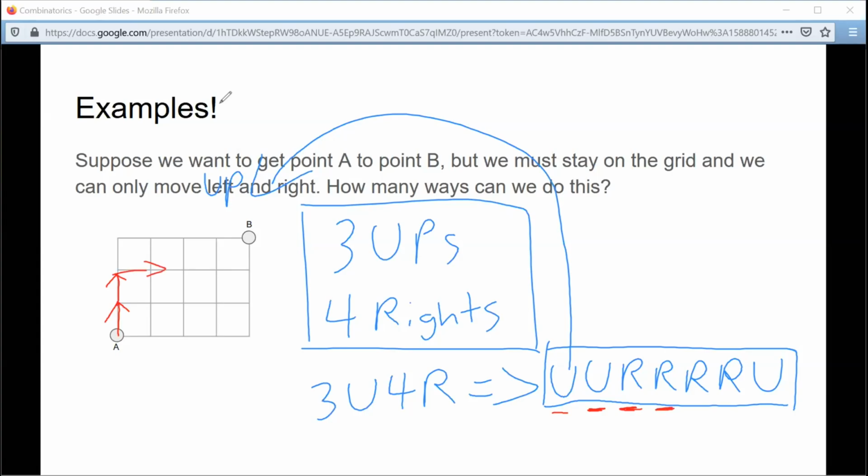Our fourth letter is R, so we go another right. Our fifth letter is R again, we go another right. Our sixth letter is R again, so we go another right. And our seventh letter is U for up, so we go 1 step up. And we always hit point B. Do you guys understand that now?